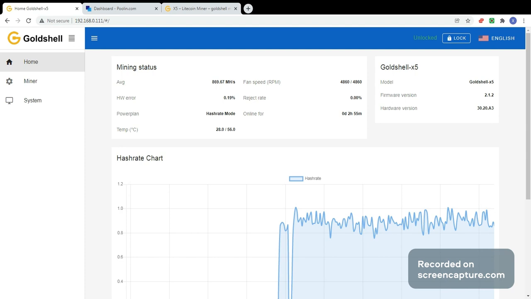Talking about efficiency, I think this X5, from the data, is one of the most efficient Litecoin miners in the market.